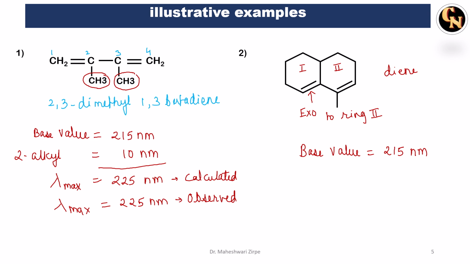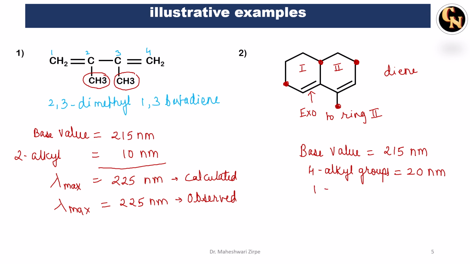Alkyl substituents. So this is 1, 2, then 3 and 4. So 4 alkyl substituents are there, and 4 into 5 is 20 nanometers. Then what else are you going to add?